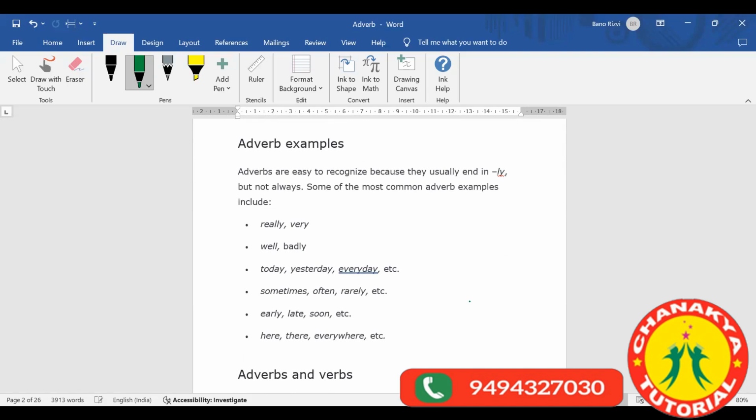Now we have some examples. Really, very, well, badly. We have here adverbs of time, that is today, yesterday, every day. Now, sometimes, often, rarely, early, late, soon, here, there, everywhere.